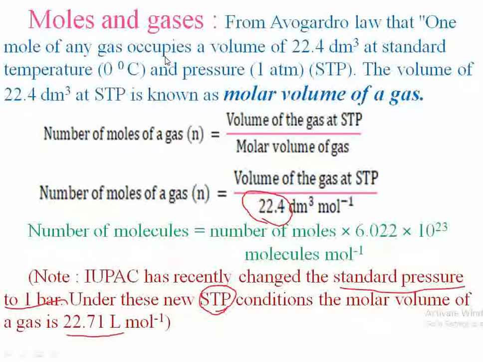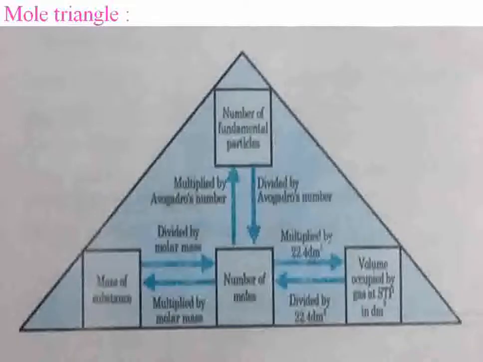The number of moles of a gas is calculated using the mole triangle. The number of moles is calculated from the volume occupied by the gas at STP in dm³: dividing this volume by 22.4 dm³ gives the number of moles, and multiplying the number of moles by 22.4 dm³ gives the volume.